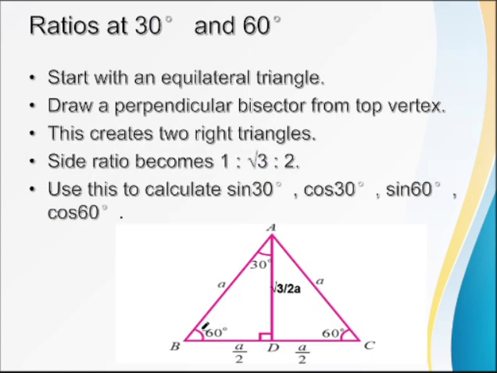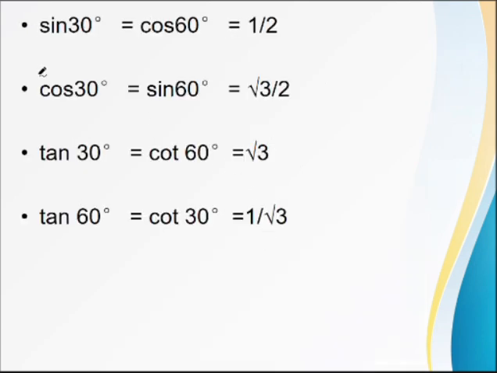Here for sin 60 degrees the ratio is AD by AB, and for cos 30 degrees the ratio is also AD by AB. So cos 30 degrees equals sin 60 degrees equals root 3 by 2.